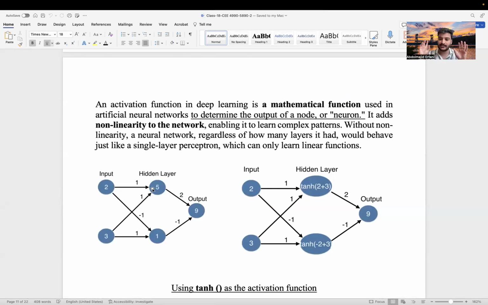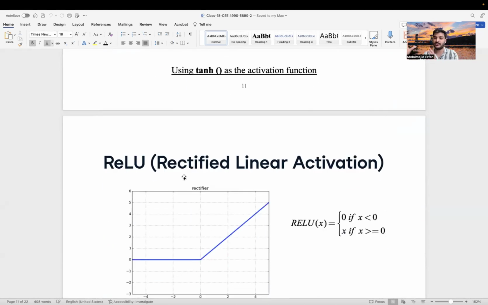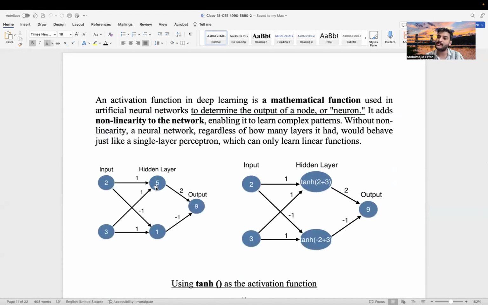But just assume that this is -1 as the weight of this arrow. Then we do the calculation for this node, 2 multiplied by 1, plus 3 multiplied by -1, which gives you -1 in total. Then you are not going to put -1 here because you apply the ReLU function as your activation function. Then it will give you 0 here.